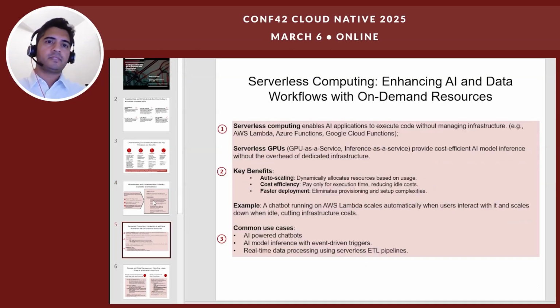Moving on, serverless computing. Serverless computing is another really important piece when we manage our data and AI workloads. It helps us execute code without managing infrastructure, right? Now, in generative AI solutions, when we build generative AI models or large language model applications, GPU as a service or inference as a service are two really critical things.